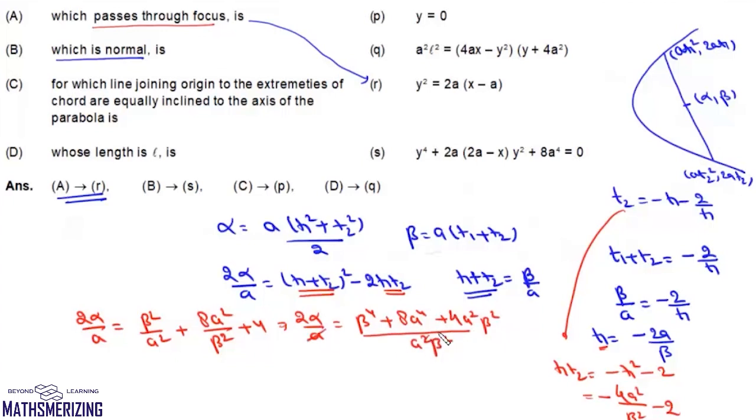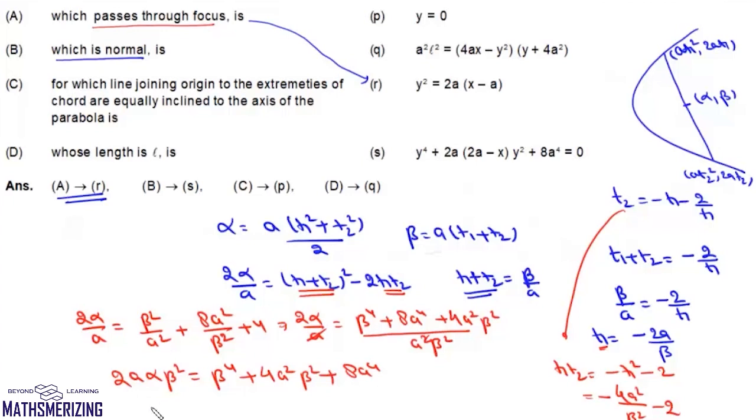Now a and a square will cancel. So we can write this equation as 2a alpha beta square equals beta to the power 4 plus 4a square beta square plus 8a to the power 4. Now we'll take everything on the right hand side.